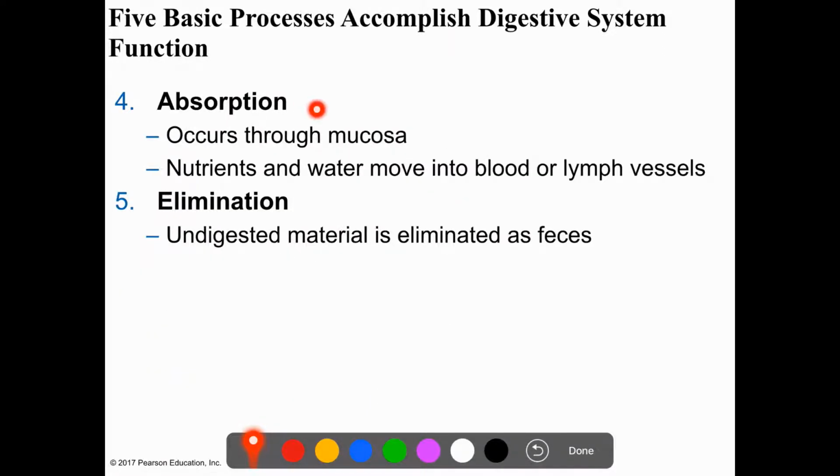Then we have absorption, which occurs through the mucosa of the small intestine mainly. Nutrients and water move from the lumen into the blood or lymph vessels. And then we have elimination, which is eliminating the undigested materials and waste in the form of feces. So these are the 5 basic processes.